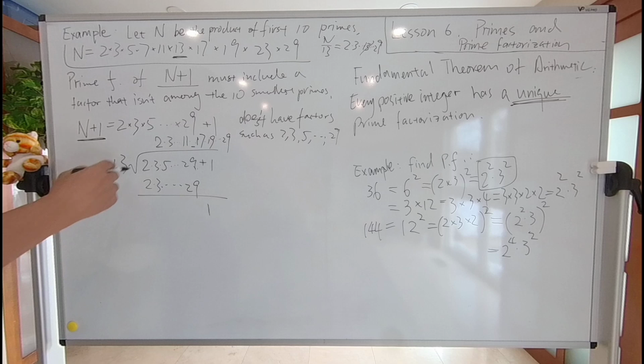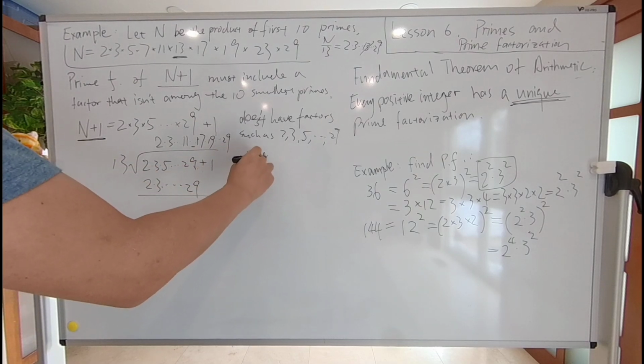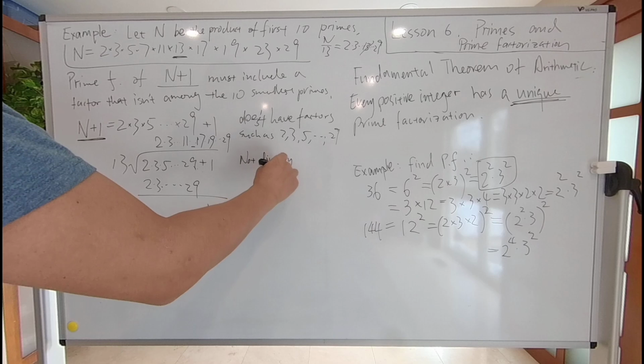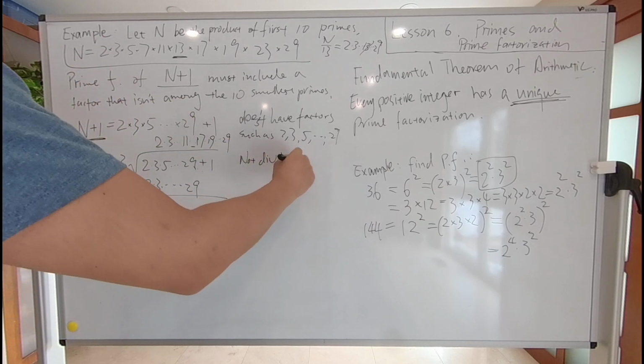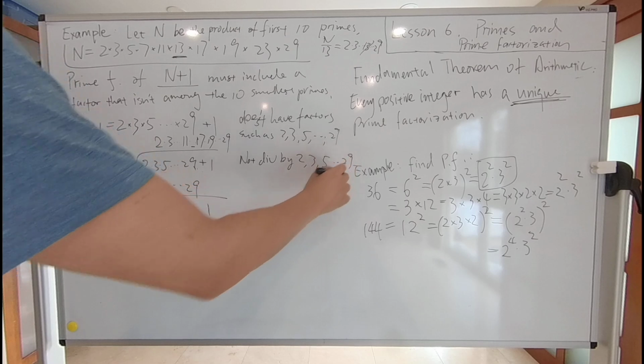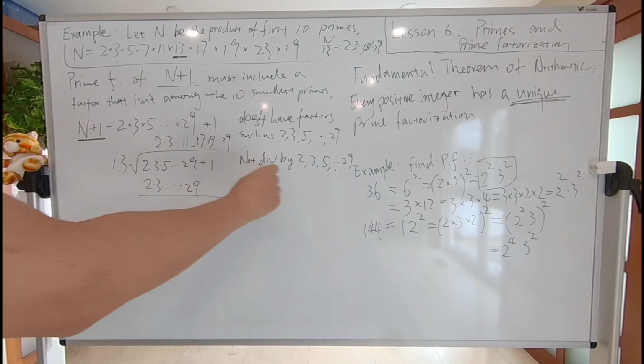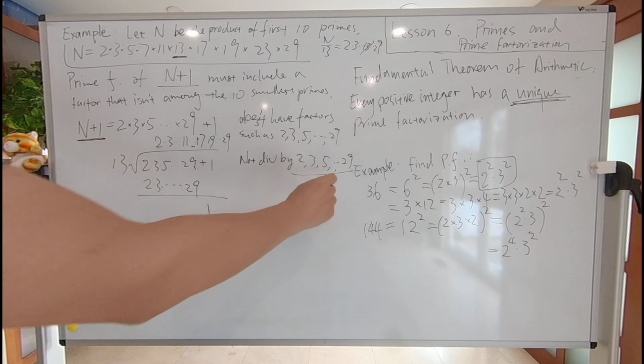So first of all, we show that it's not divisible by any of the existing factors 2, 3, 5 until 29, right? Which means if there is a factor of this n plus 1, it's guaranteed not among this list of numbers.